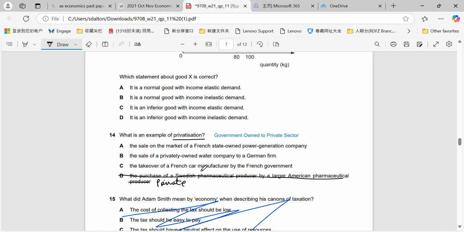Takeover of a French car manufacturer by a national French government. That would be nationalization, which is the opposite, moving from private into public.